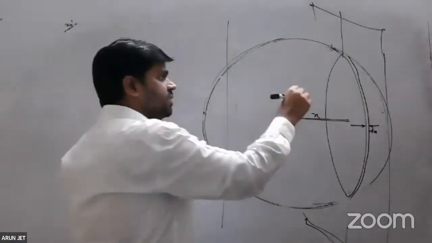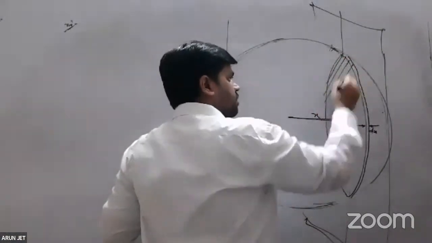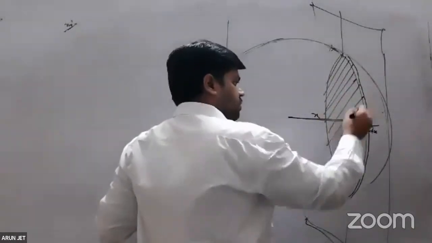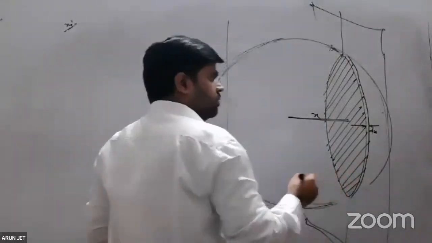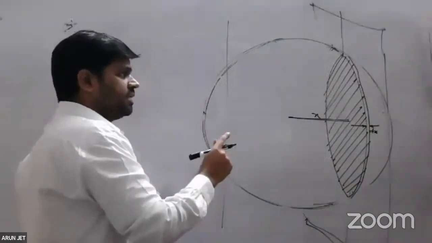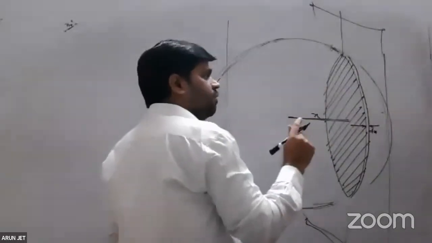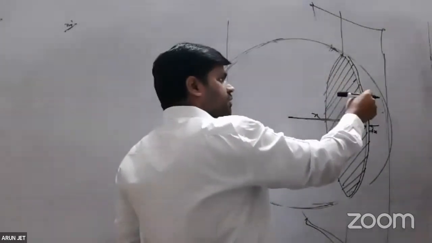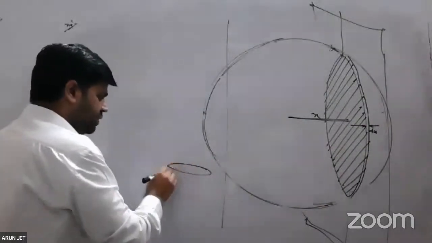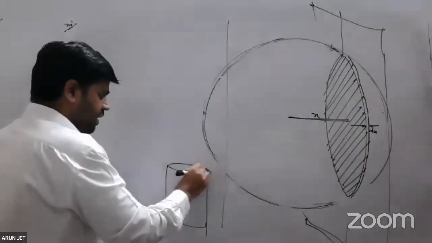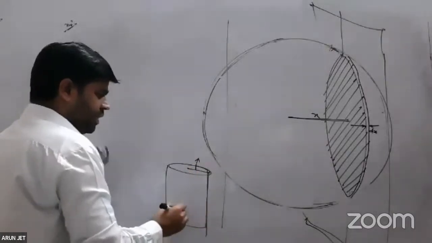So I have to find out the volume of this one. If I look at it, that is nothing but a cylinder. For a cylinder, what is the volume? Area of cross section into height, right?